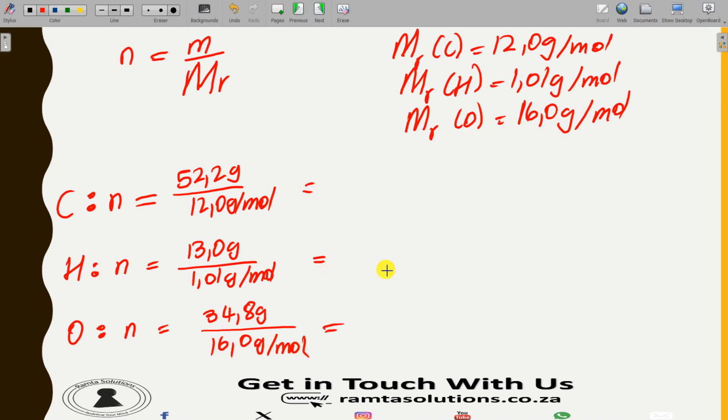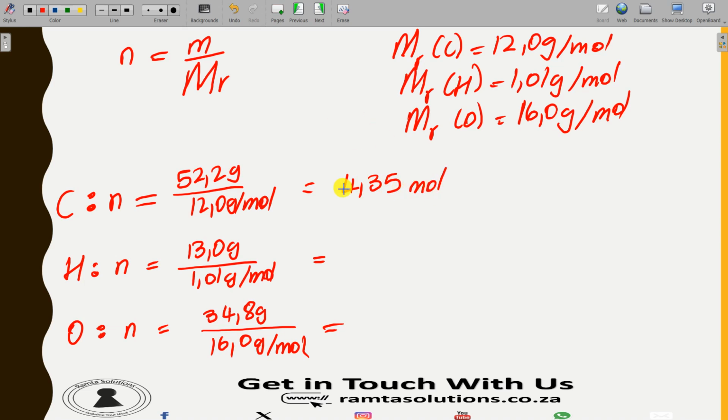Where's my calculator? 52.2 over 12 gives us 4.35 moles.